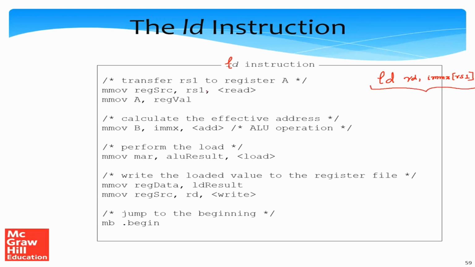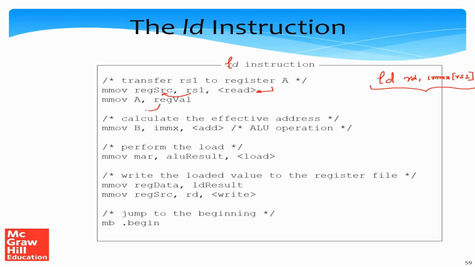So what we do is we read RS1 first. We read it by transferring the contents of RS1 to read source and by transferring the read command on the bus. Then the output of the register file will have the contents of some register whose ID was in RS1. This is regval.